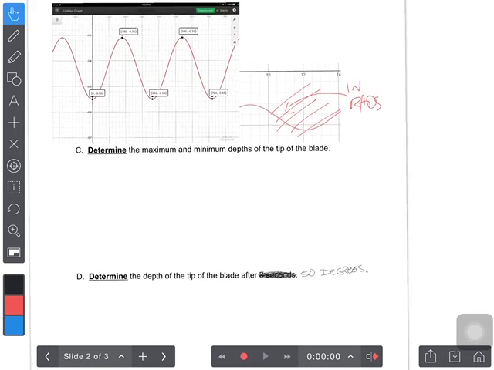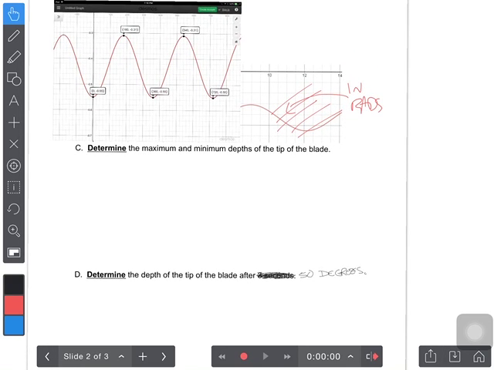All right. So, next part, C part says, determine max and min depths. All right, so that's easy when you have Desmos, because you are looking for, here's the top. This is where the propeller is going to be the highest, and this is where the propeller is going to be the lowest. So that's a straightforward question. Maximum depth.